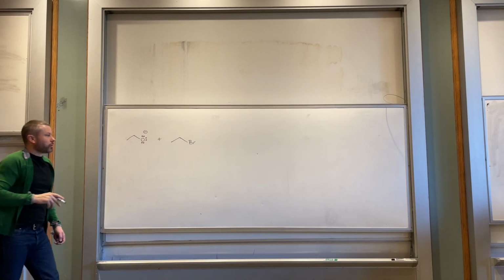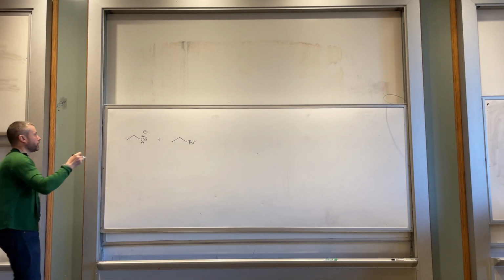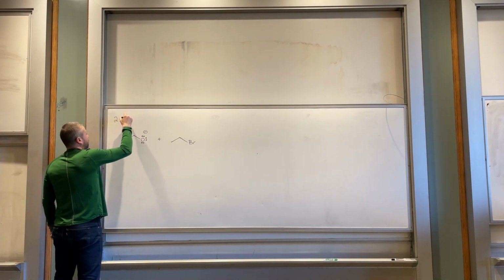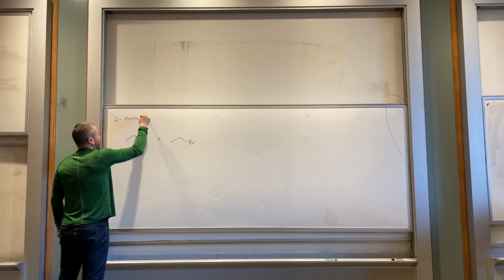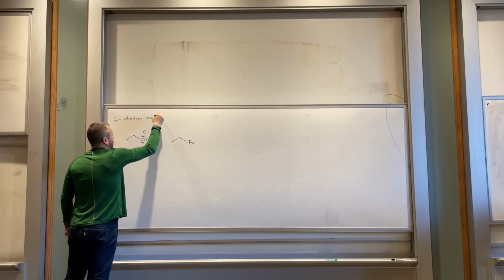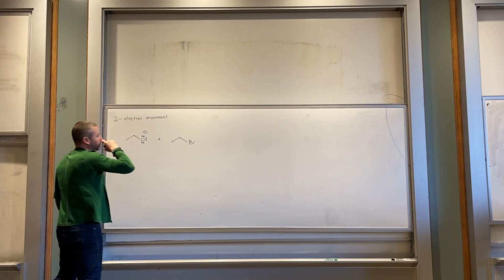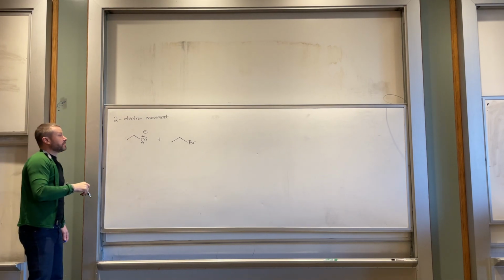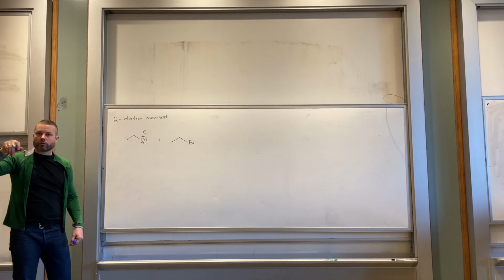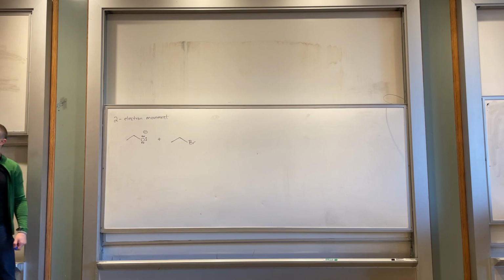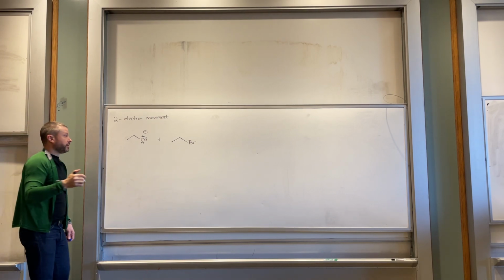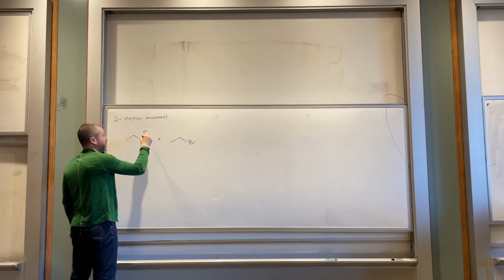When we've been looking at mechanisms so far this semester, all of the reactions that we've drawn out all involve two electron movement. And so when we draw these mechanisms, the arrows illustrate the movement of two electrons, and usually the formation of one bond and the breaking of another bond.